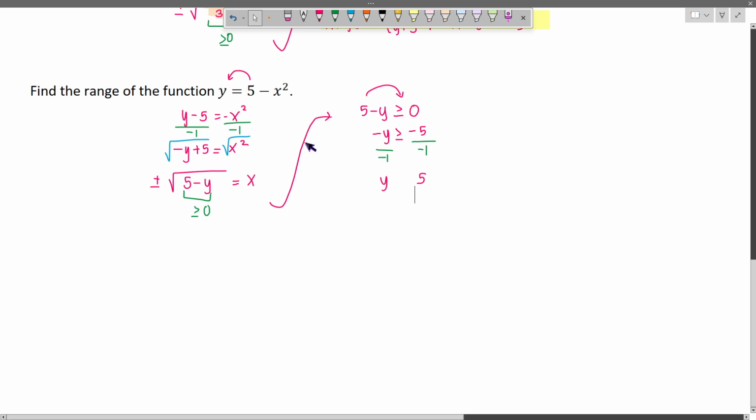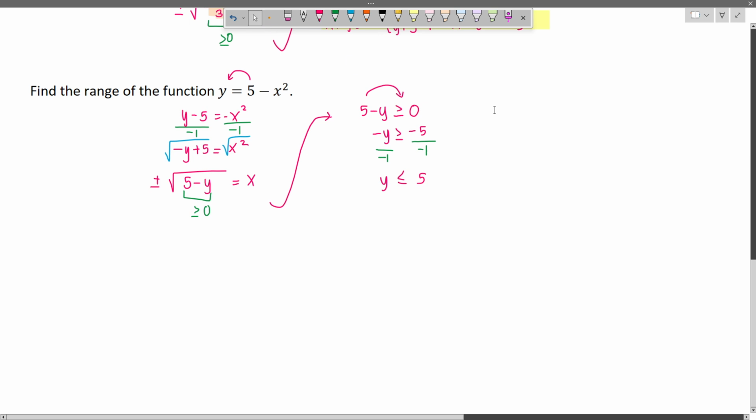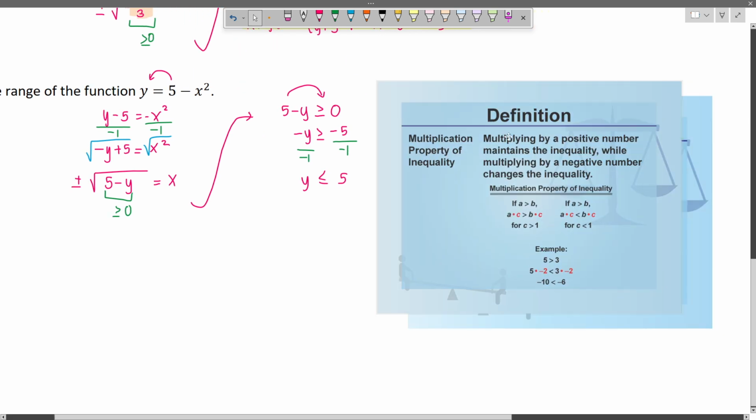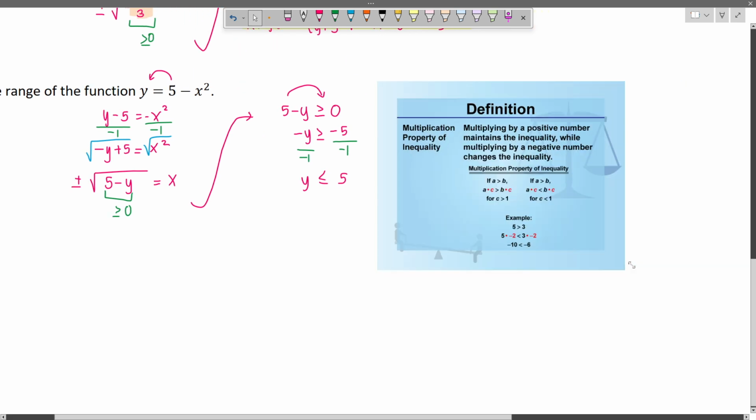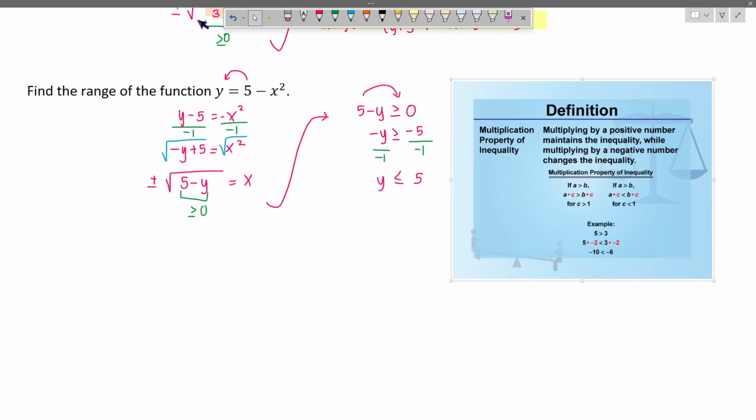But just a reminder, if you are multiplying or dividing a negative value on both sides of an inequality, you have to switch the inequality. From greater than, we have to switch it to less than. That is because of the multiplication property of inequality. So please pause the video and study the property in case you've forgotten it.